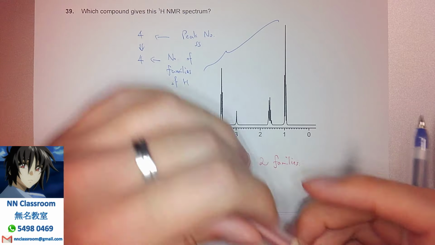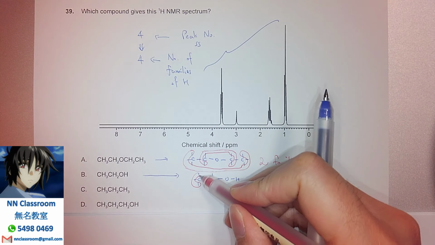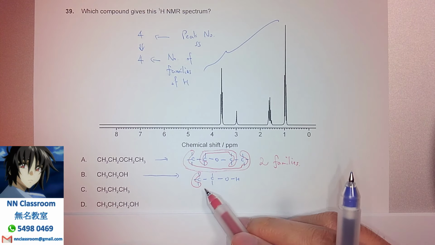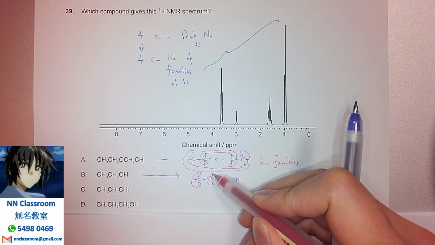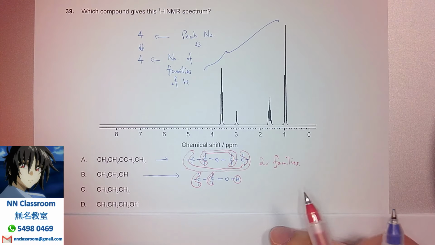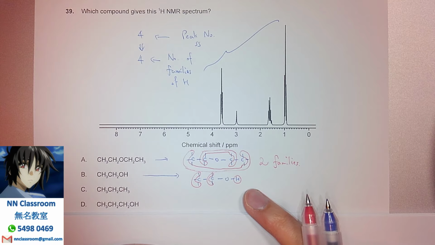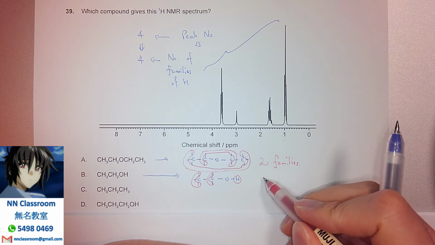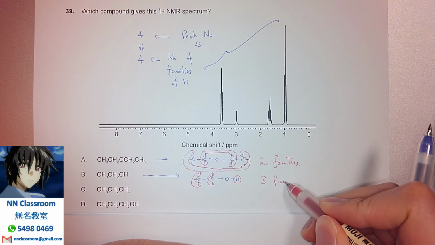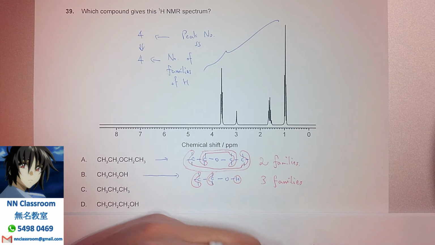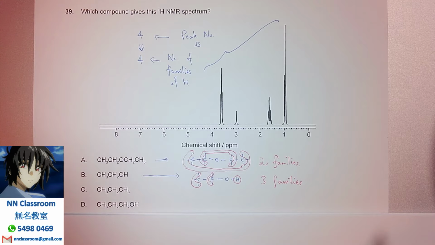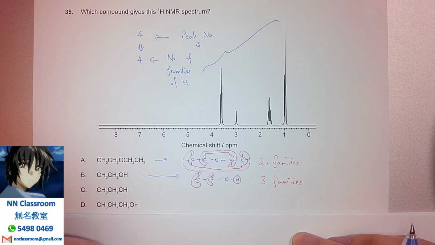So no doubt there is an individual family for the corner carbon, and then the next family, and then finally an independent family for the hydrogen in the hydroxyl group. So in total, it only contains 3 families, right? So 3 families do not account for 4 peaks in the hydrogen NMR spectrum. So again, not our choice, right?